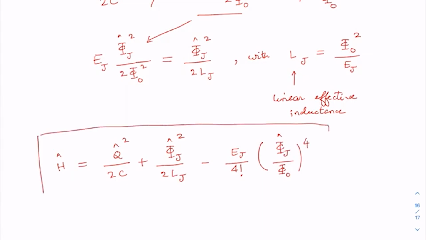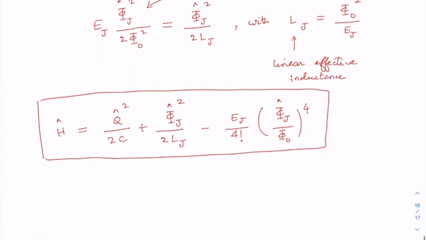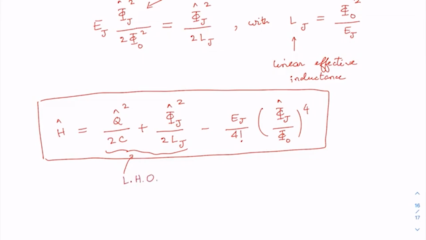Okay, what you see here is that there is a part in the Hamiltonian which resembles the linear harmonic oscillator. And on the other hand, there is another part that is due to the non-linearity.